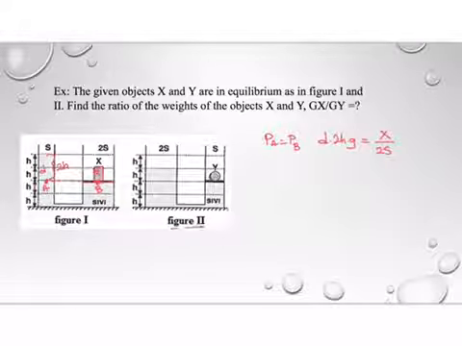Now let's come to the second figure. Again, I set 2 points at the same level, touching the same liquid.